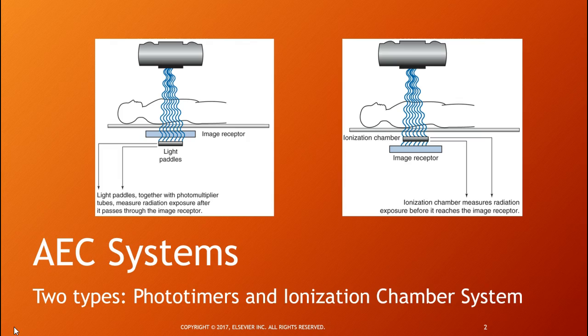The light paddles, together with a photomultiplier tube or several of the tubes, measure the exposure after it passes through the IR and then terminates the exposure when a certain level has been met. Okay, the second type is an ionization chamber system. And the chamber system measures radiation exposure before it even reaches the IR, but it's timed appropriately so that there's sufficient exposure on your IR before the exposure is terminated.